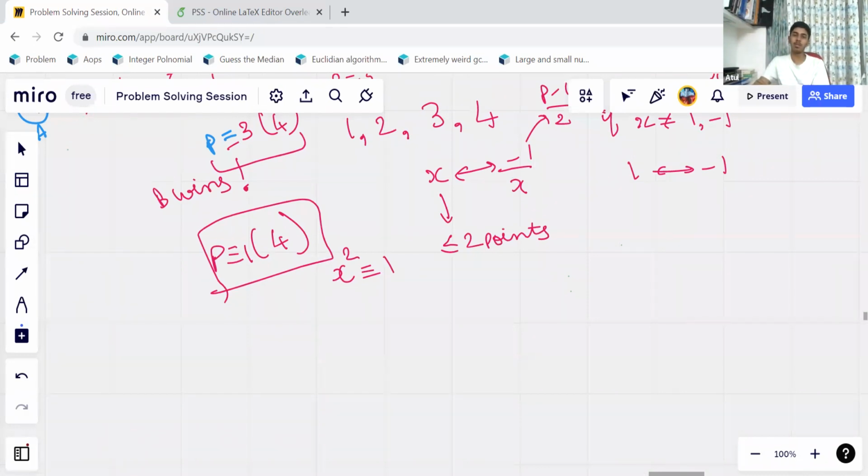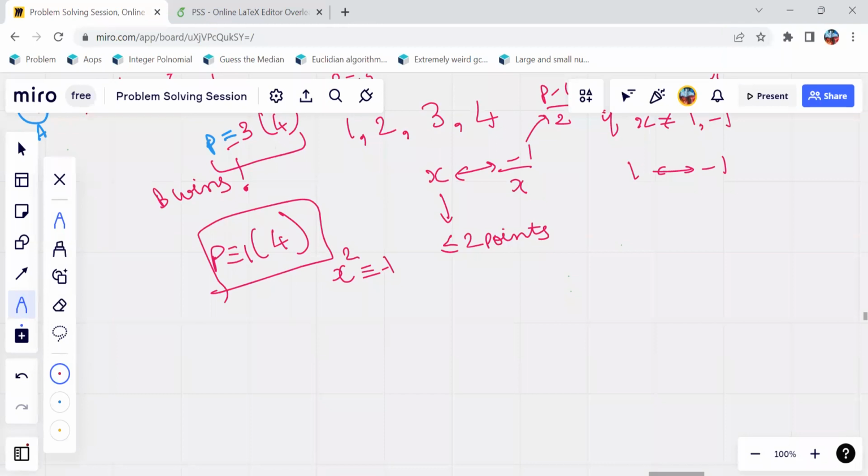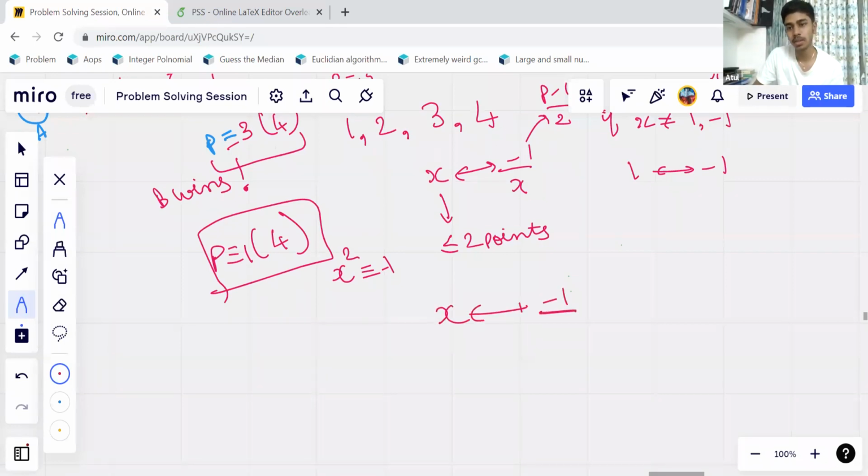I still want to pair x with -1 by x except the self-pairing thing, where x squared plus 1 equals 0. If a plays such an x, you can't really do much. Oh wait, you can still pair x with -1 by x, and you just pair i with -i.